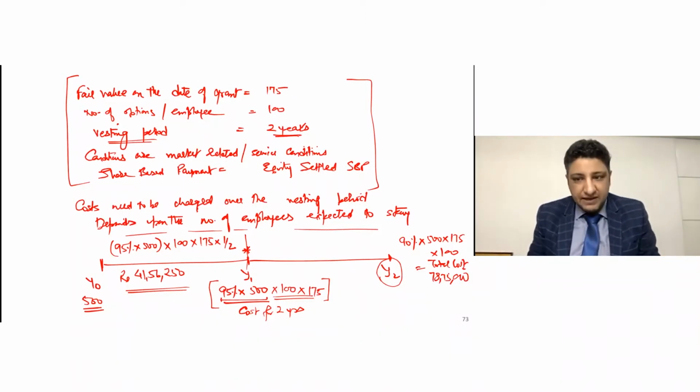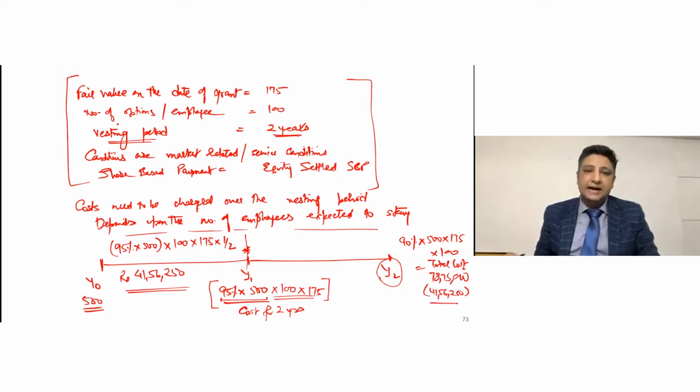78 lakh 75,000. But I have already charged in my year one, basis my estimate of the number of employees, I had already charged my cost for year one at 41 lakh 56,250.